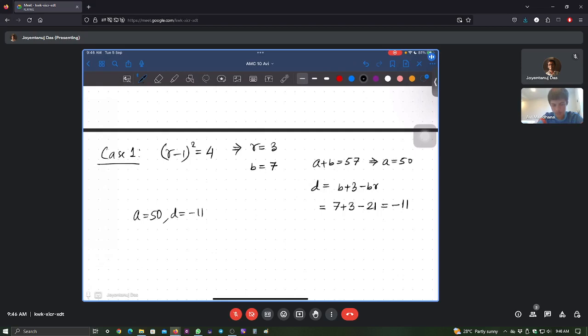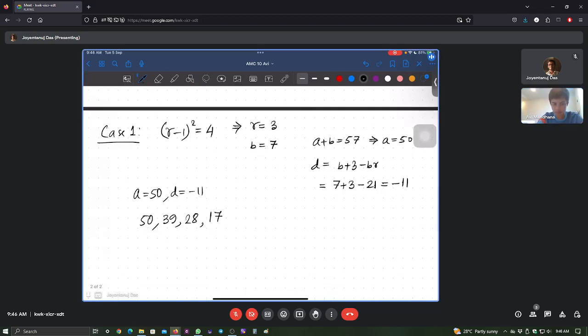So what will be the arithmetic sequence? 50, 39, 28, 17. This much. And then you have your geometric sequence.